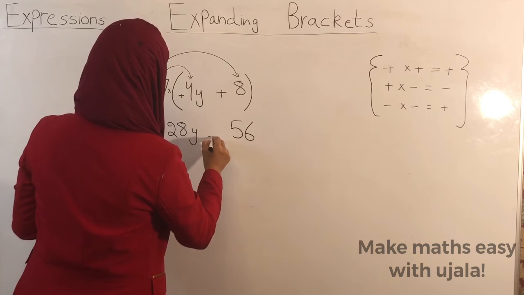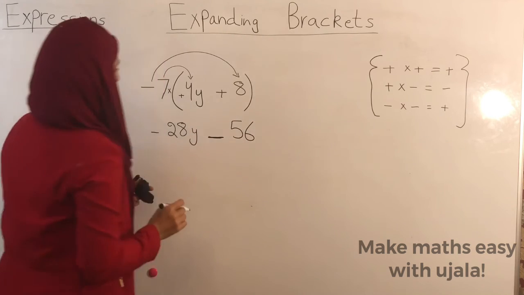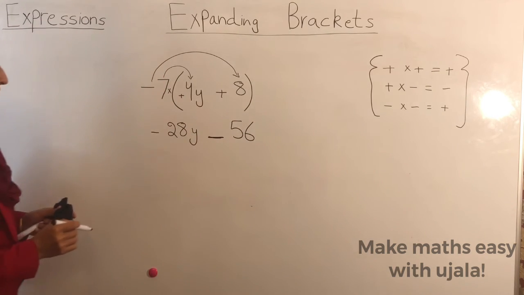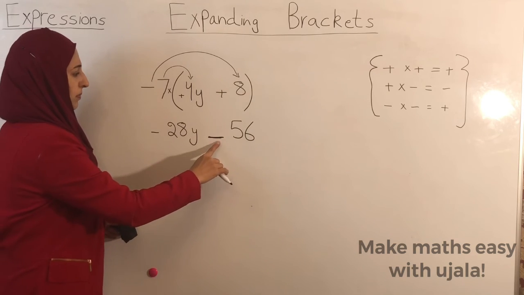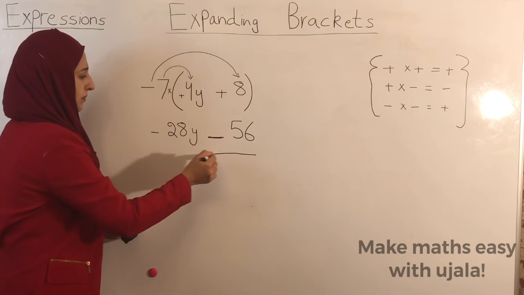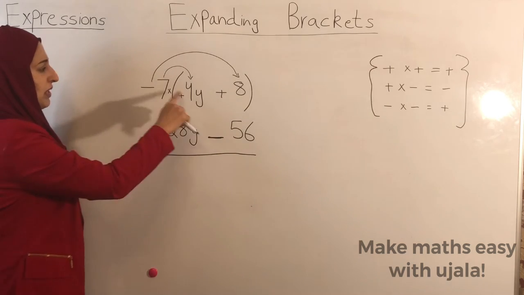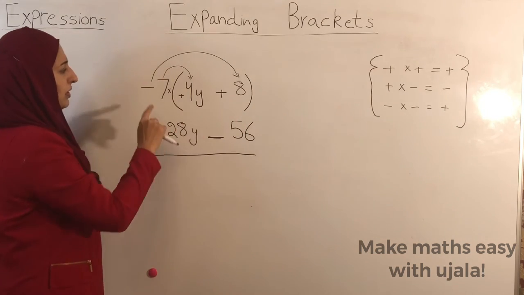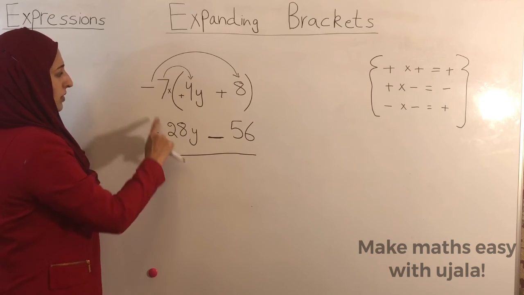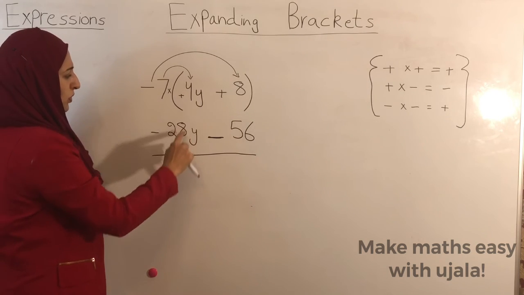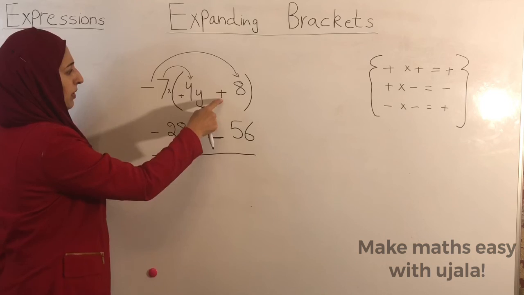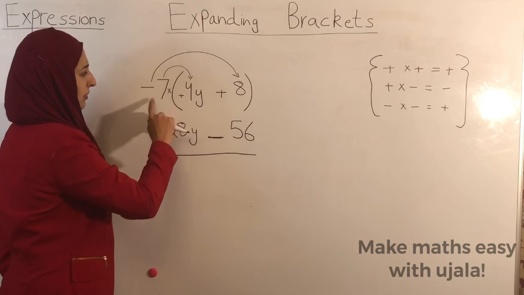My mistake. So that's your answer, minus 28y minus 56. So we have multiplied minus 7 with every term inside the bracket. Minus 7 plus minus minus, 7 times 4, 28, y plus minus minus, 7 times 8 is 56.